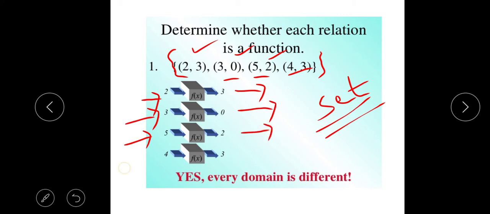And the last element, the input value is 4 and the output is 3. Now the question is whether this is a function. Yes, of course. Here you can see that for each and every input value, there is a unique output value. Therefore, this relation is a function.